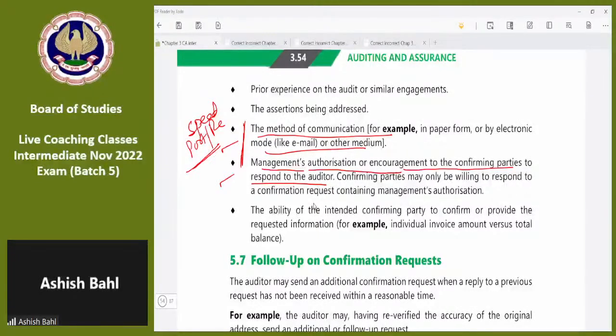So they would not like to spoil their business relationships. So obviously if a phone call goes to all the persons that our auditor is sending you an external confirmation request, so kindly respond in the given time frame, it goes a long way, and many of the parties would respond.